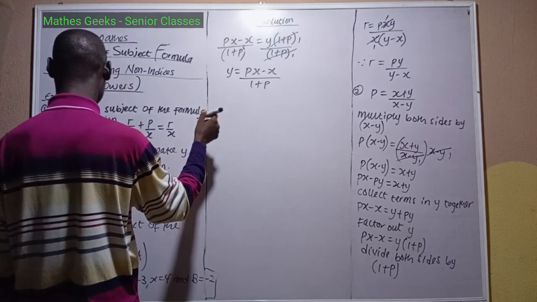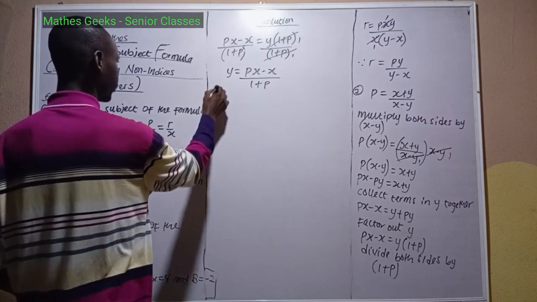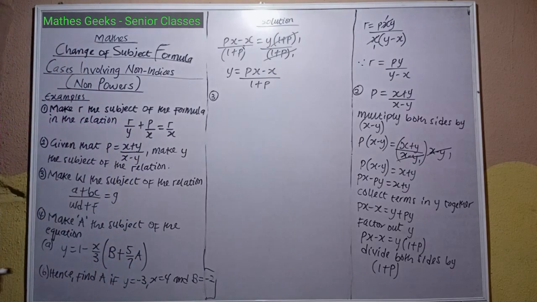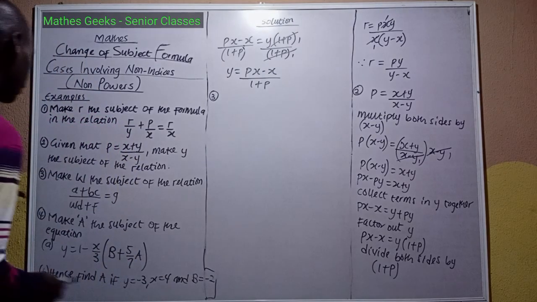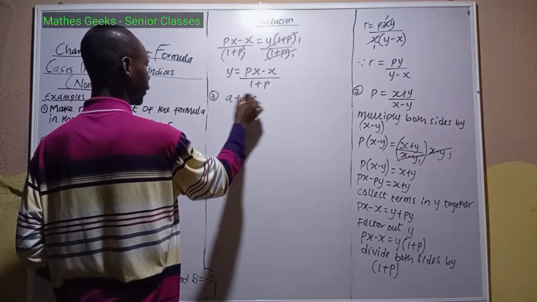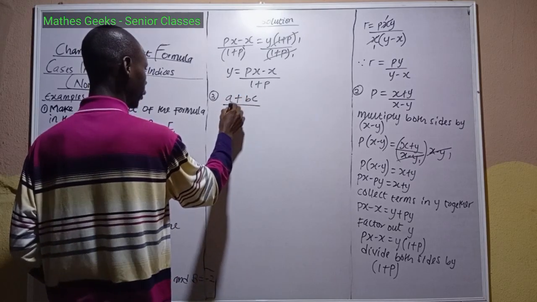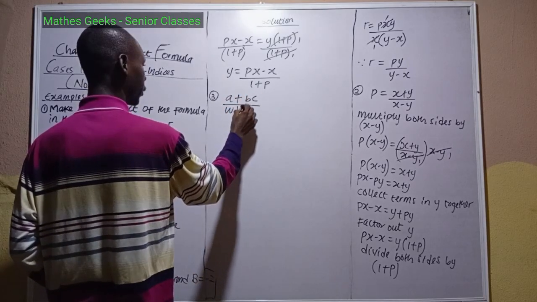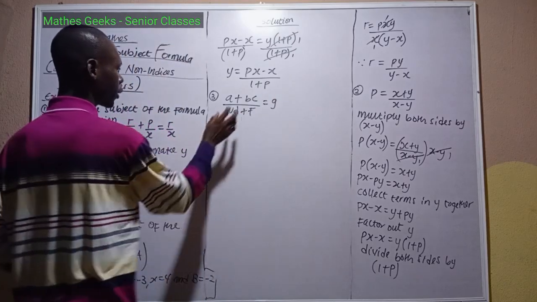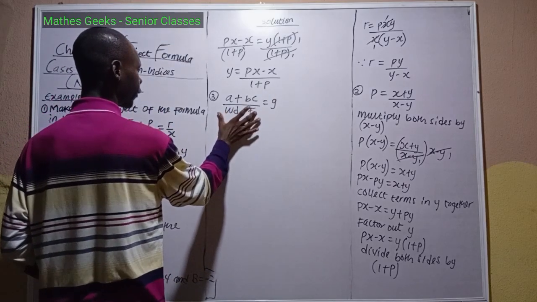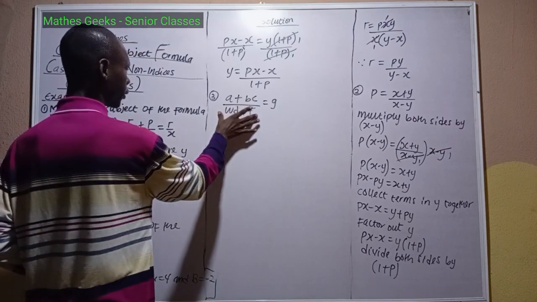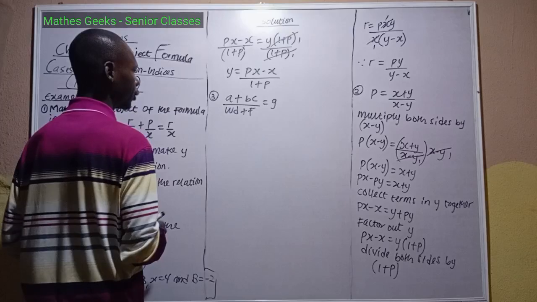Number 3. Make w the subject of the relation (a plus bc) over (wd plus f) equals g. We're going to eliminate wd plus f so that it will no longer be in the denominator, the terms in the denominator.